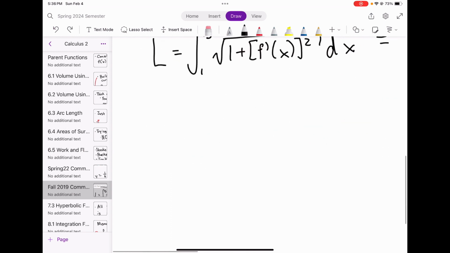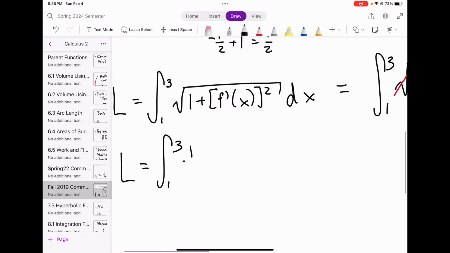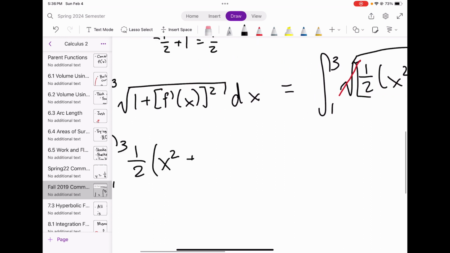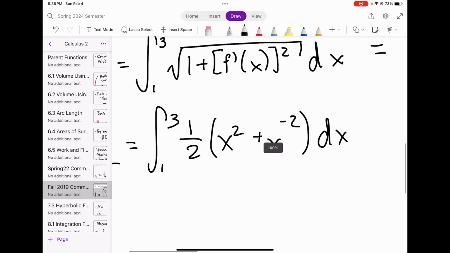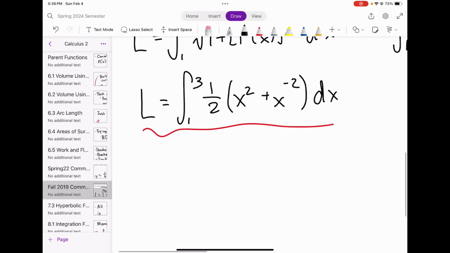So L is the integral between 1 to 3 of 1/2 times x squared plus x to the negative 2 power dx. And this is going to be our integral setup. And from here, all we need to do is just evaluate.